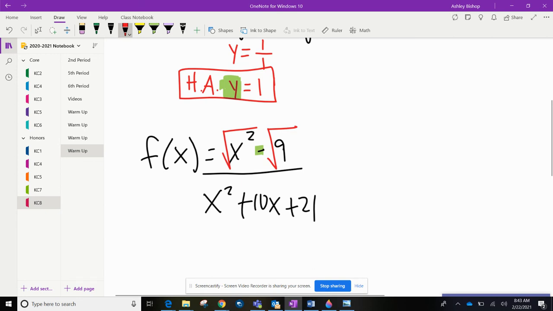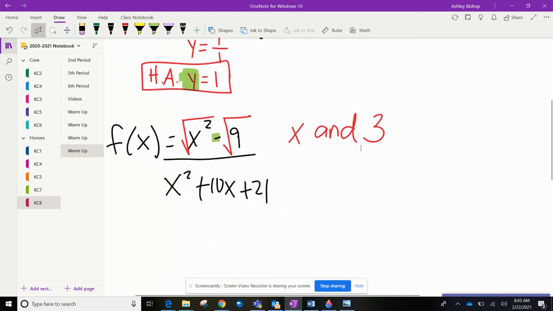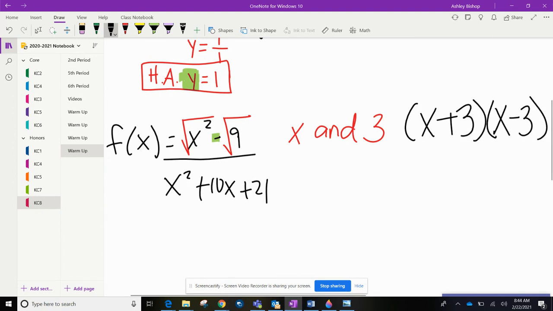The square root of x squared is x, and the square root of 9, remember we're leaving the negative out, is 3. So I have x and 3. When I do the difference of two squares, I take the two things and add them together, and I take the two things and subtract them from each other. So I'm going to rewrite the top as x plus 3, x minus 3.